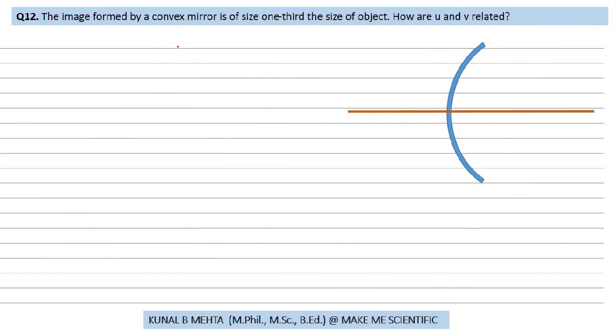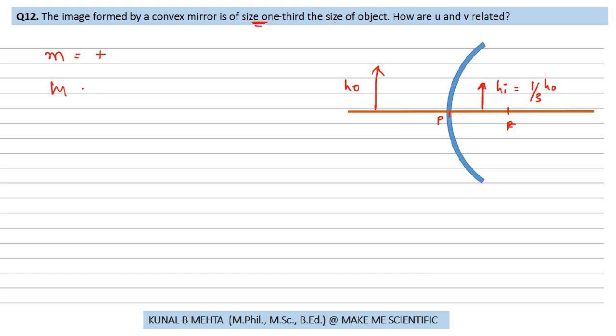In question number 12, we are being given that the image is 1/3 the size of the object. So we know that height of the object is always positive, and here the image is always between the pole and the focus, and the height of the image is 1/3 the height of the object, and the image is virtual, so the magnification has to be positive.